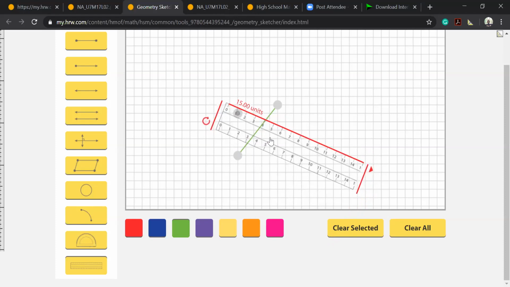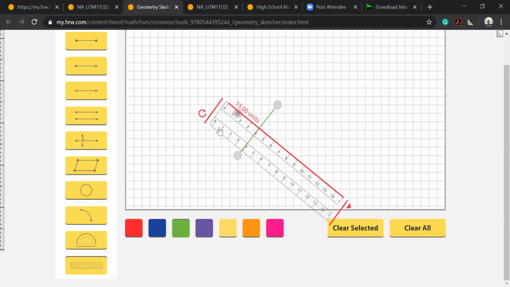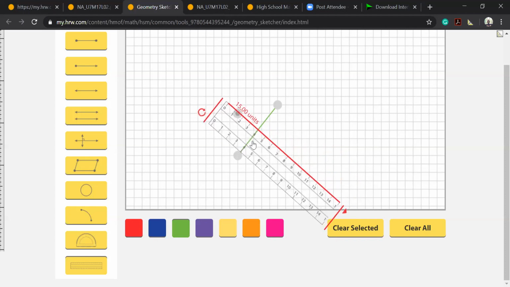Is the line exactly on the small lines of the ruler? It's not. Is this a 90 degree? This is not a 90 degree. To make it 90 degree, please move it until one of the lines of the ruler hits your line. This is exactly 90 degree. Okay?